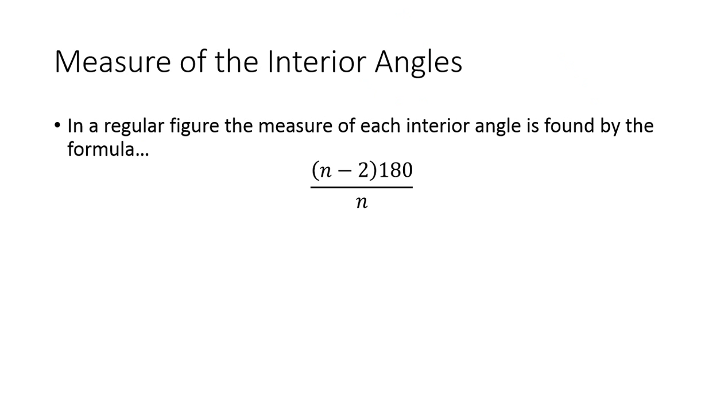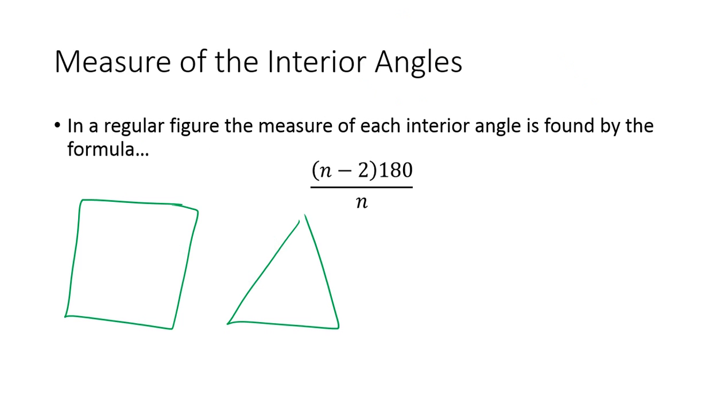So the first thing is dealing with the measure of the interior angles. Any type of polygon that you have, if it's a quadrilateral, which is 4 sides, or a square, or a triangle, or a pentagon, or a hexagon, or an octagon, or a nonagon, all those.